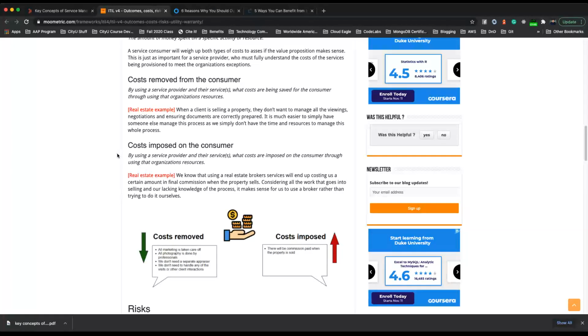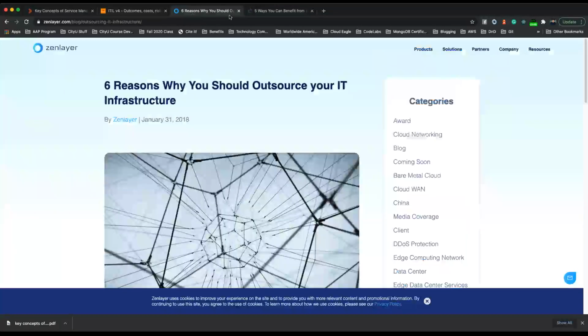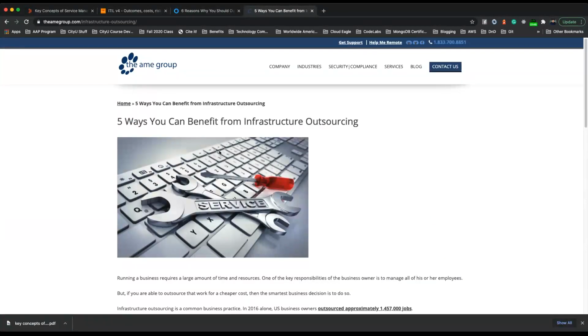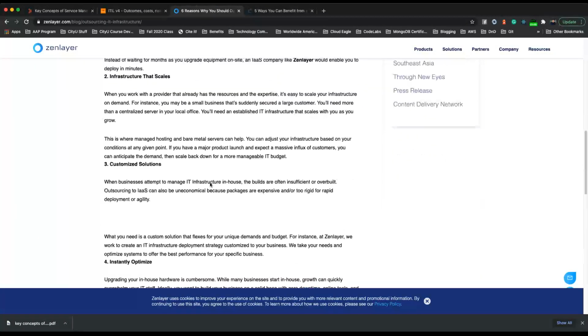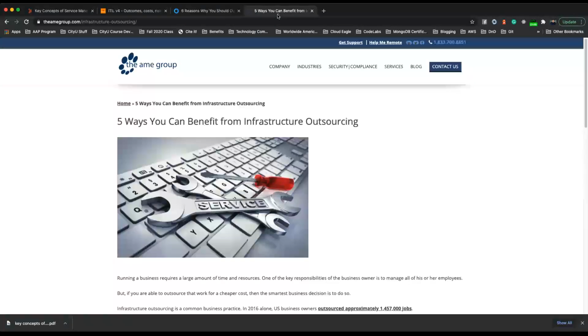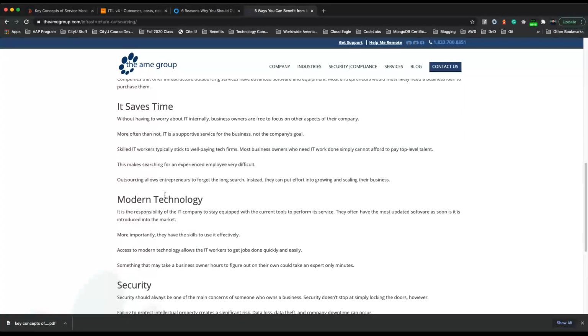As our example, this is a real estate example, we're going to use an example for IT infrastructure outsourcing. I'll also be providing you two more links that talk about IT infrastructure. So you would see the benefits here, and you could already understand what the main topics are.